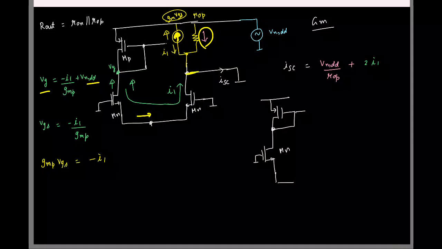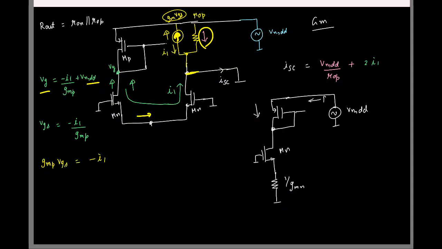So here I'll have gmn, and let me complete the circuit. So here I'll have my VDD.